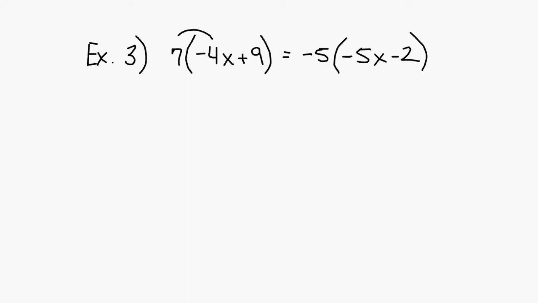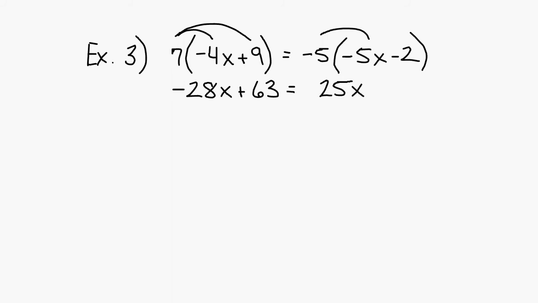So you apply it to the left side. 7 times negative 4x is negative 28x. And 7 times 9 is positive 63. On the right-hand side, negative 5 times negative 5x is 25x. And negative 5 times negative 2 is positive 10.